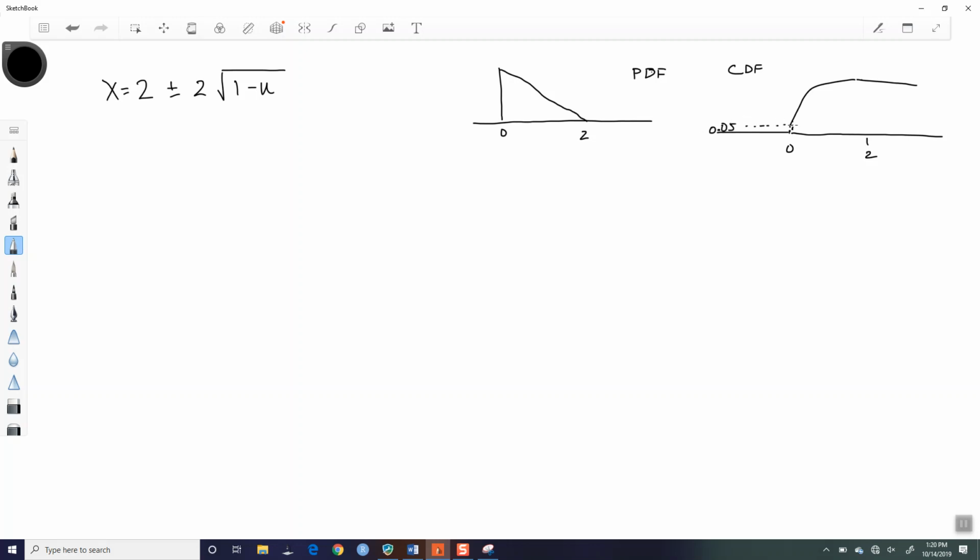This should give me a value close to 0, okay? And when I plug in something like 0.99, because we want to know what value from our PDF is bigger than 99% of all other values, that value should be close to 2. Okay. All right, and so the u can be anything between 0 and 1.